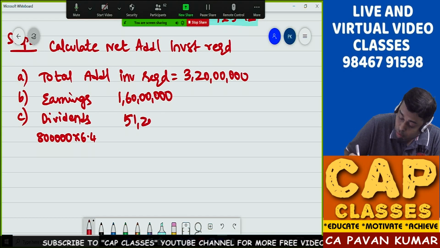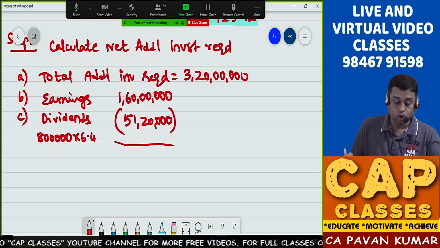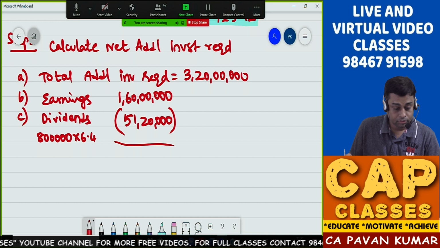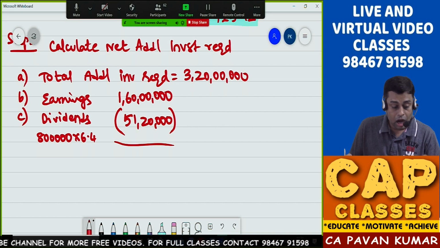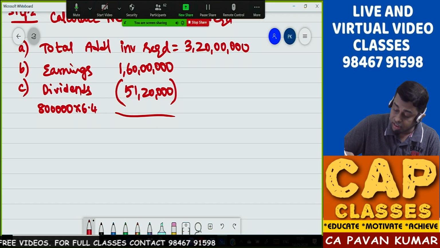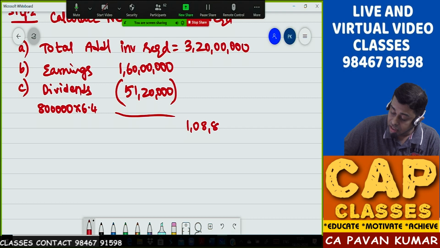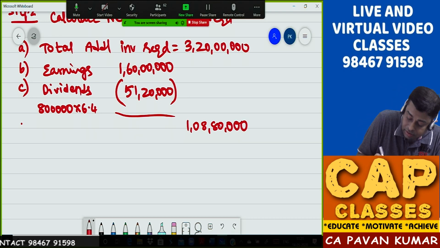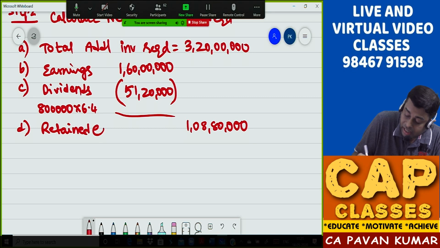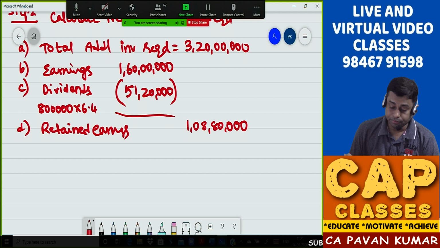So how much of money you earned? 1.6 crores. How much you paid as dividend? 51 lakh 20,000. So what is your retained earnings? Can I say 1 crore 8 lakhs 80,000 is your retained earnings?